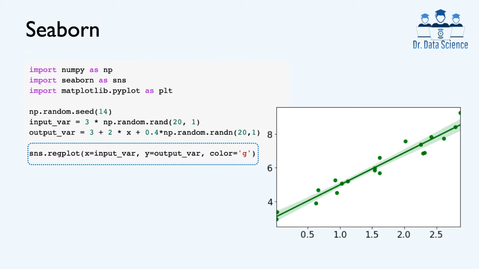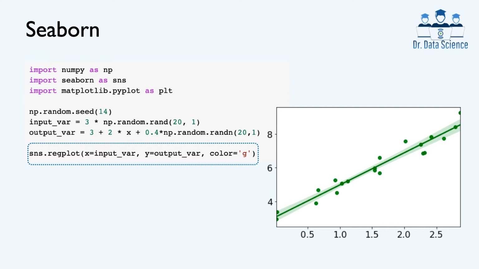Now here is the magic. You can just use sns.regplot, and you have two important parameters here, x and y. So x is your independent variable and y is your dependent variable. So here we give the input variable to x and output variable to y. You want to specify the color of this line, you can do that, and that's it.